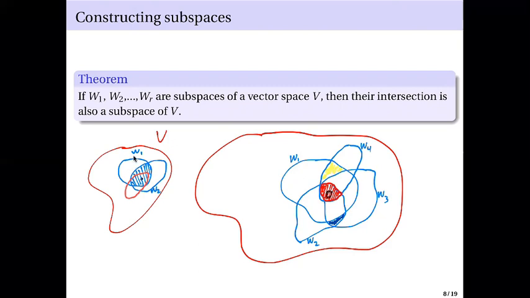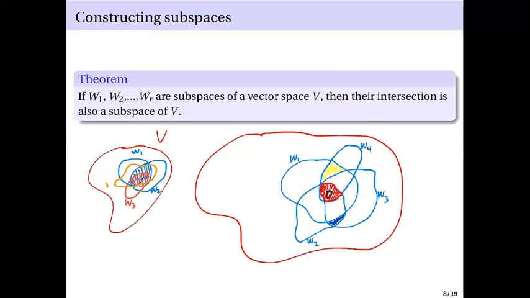So again, I started with the two subspaces, W1 and W2, and you have the blue shade. I get another subspace W3. Now I have another subspace, this guy here. That's another subspace. I get another subspace, something like that.